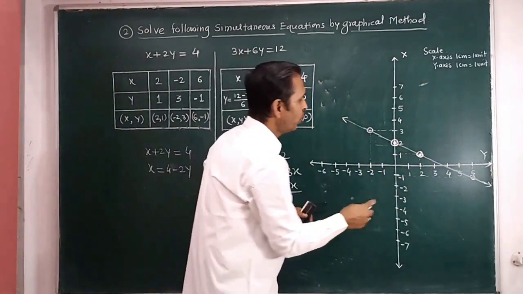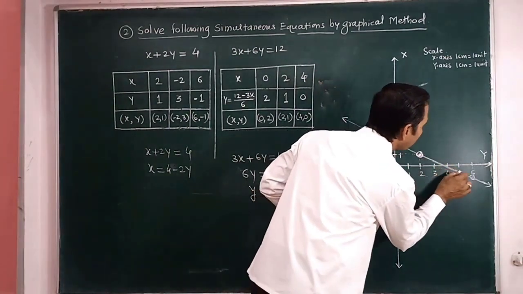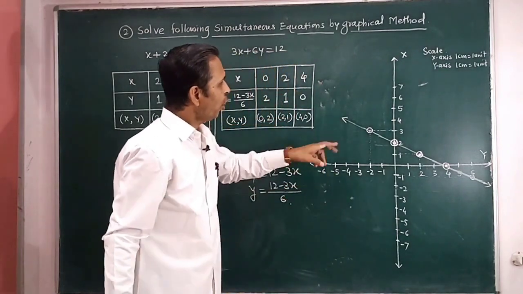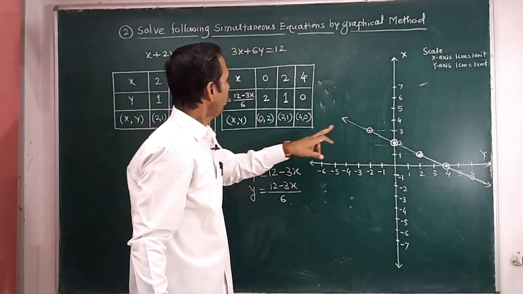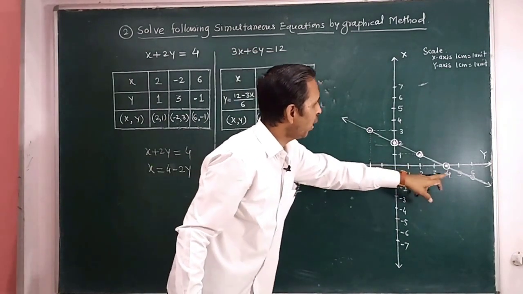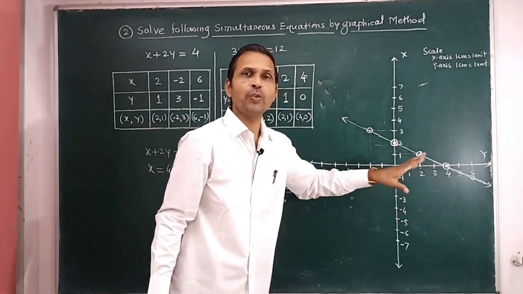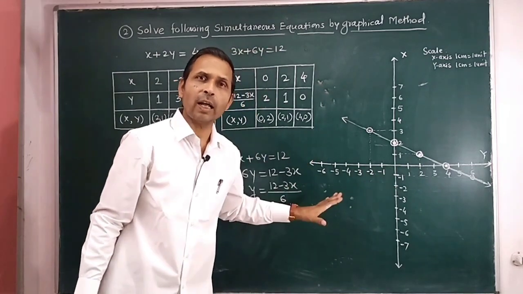4, 0. If you draw this line like this, then 4, 0 is this. If you observe that all these points again lie on the same line, it means we can't draw another line.